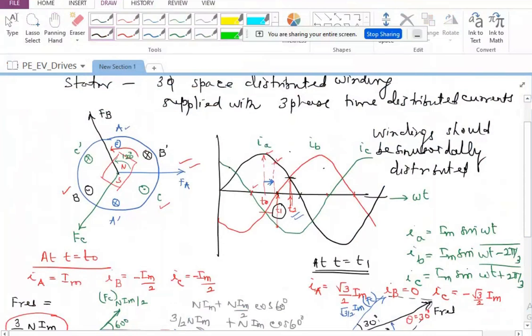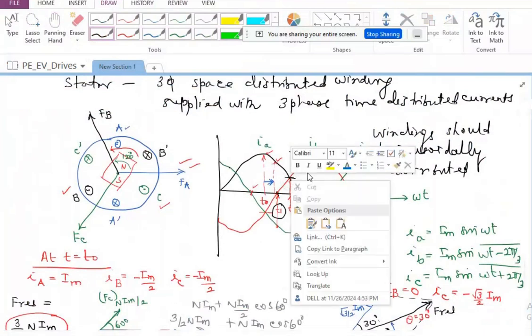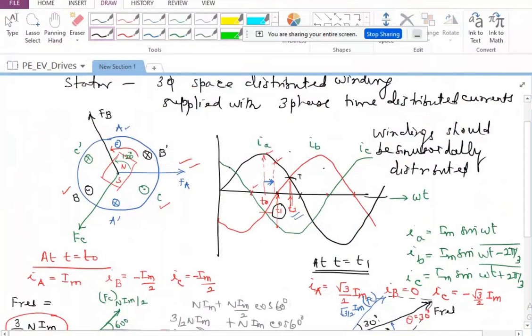From this 0 crossing, this is 30 degrees away. So both these are going to be something like Im divided by 2, because sine 30 is half. Whereas at this point, we are going to have our IC to be the peak value.